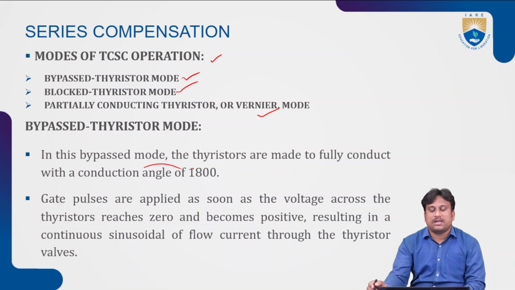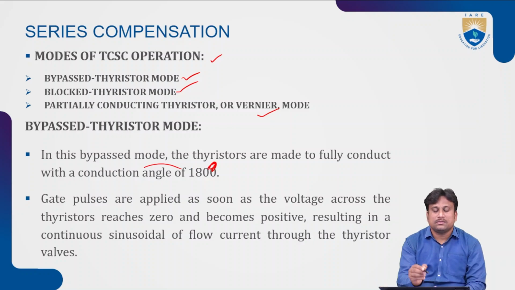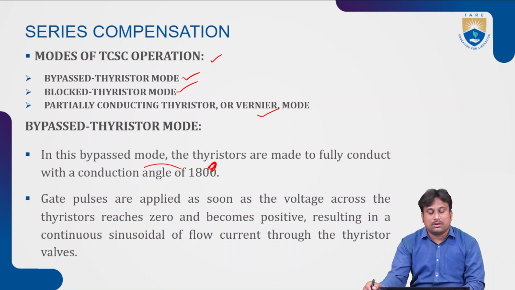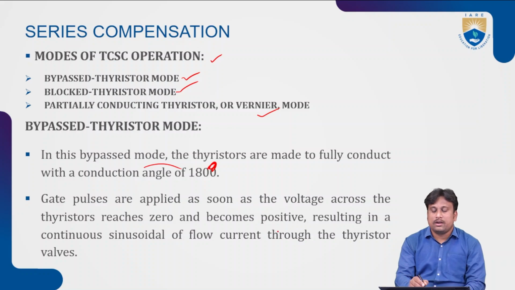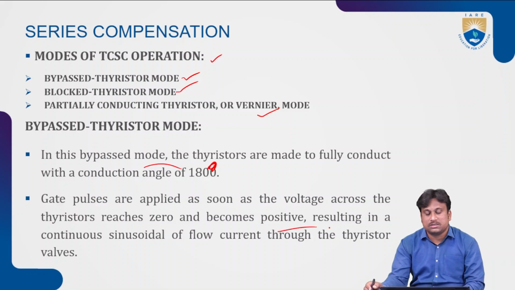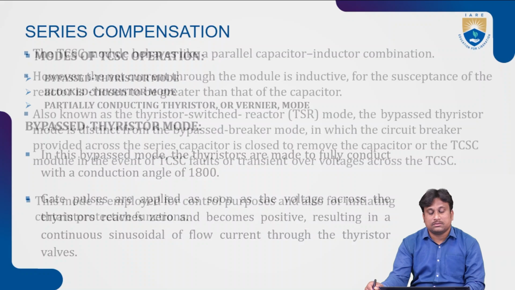In the bypassed thyristor mode, thyristors are made to fully conduct with a conduction angle of 180 degrees. Gate pulses are applied as soon as the voltage across the thyristor reaches zero and becomes positive, resulting in a continuous sinusoidal flow of current through the thyristor valves.